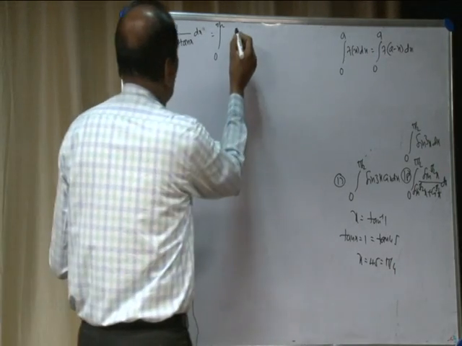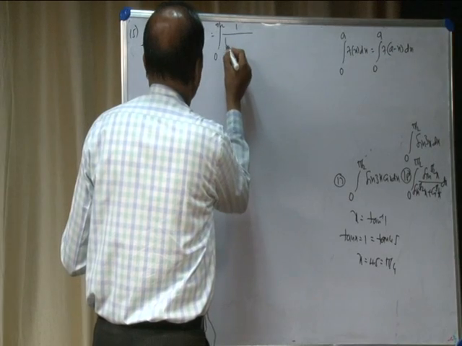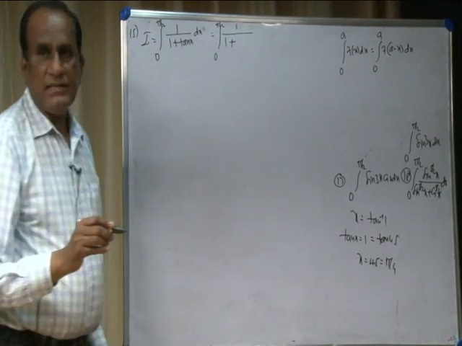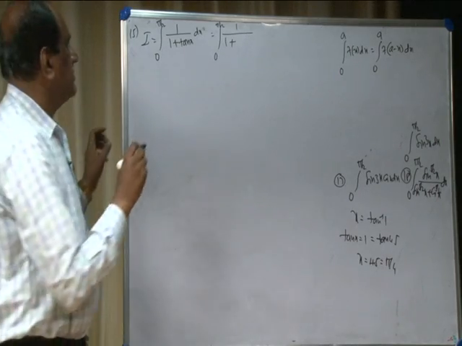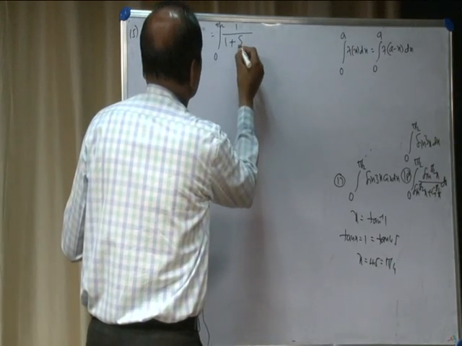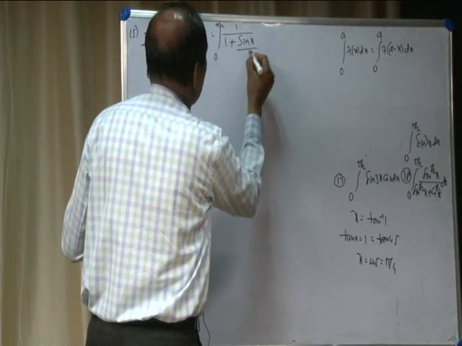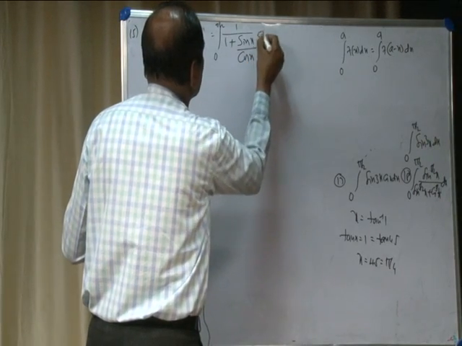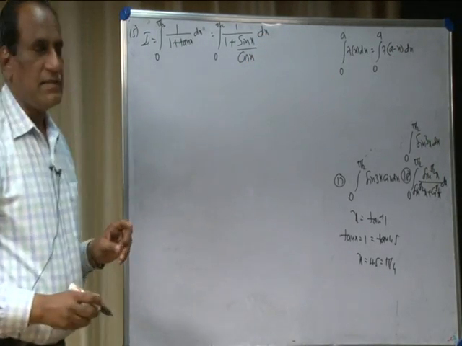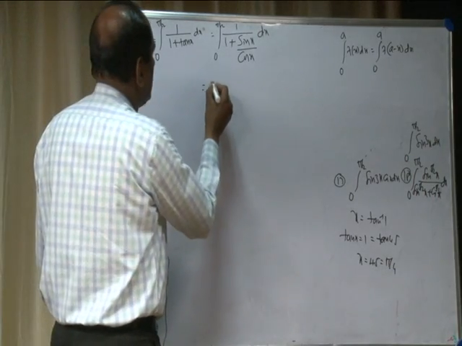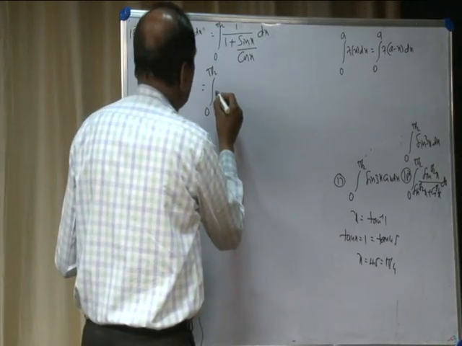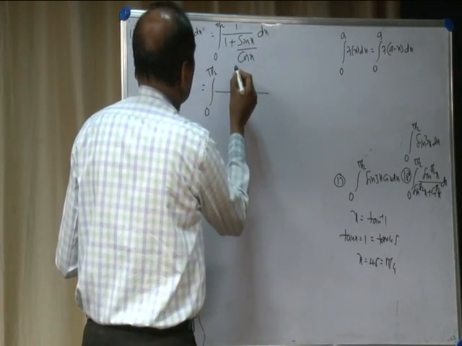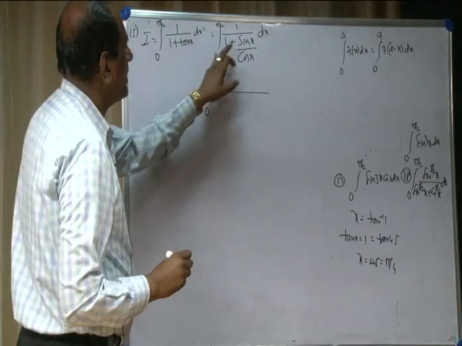Now, 1 divided by 1 plus tan x. How to write tan x in terms of sin? Write tan x as sin x by cos x. See here, from 0 to pi by 2, the LCM in the denominator is cos x, numerator is cos x plus sin x.